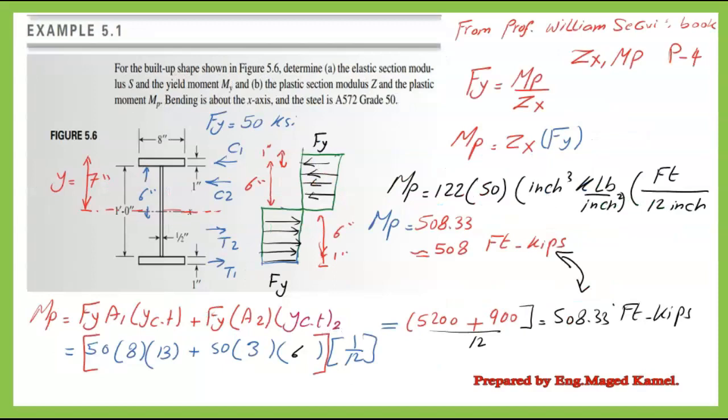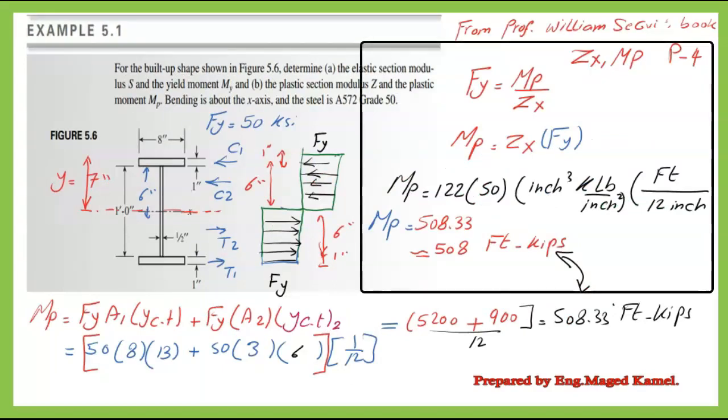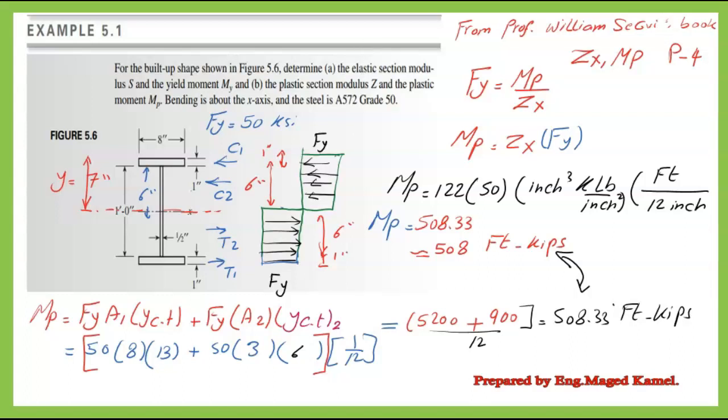In the last slide, M sub p, or the plastic moment, can be obtained from the equation of F sub y, which is equal to M sub p over Z sub x. The modification of the equation can lead to M sub p equals Z sub x multiplied by F sub y.